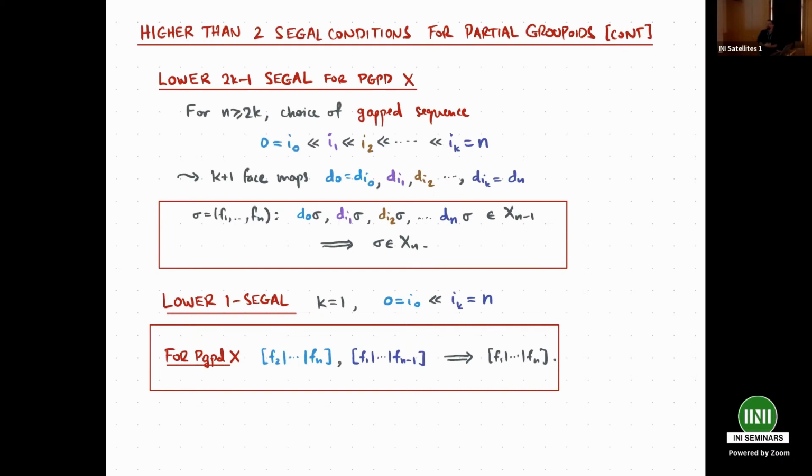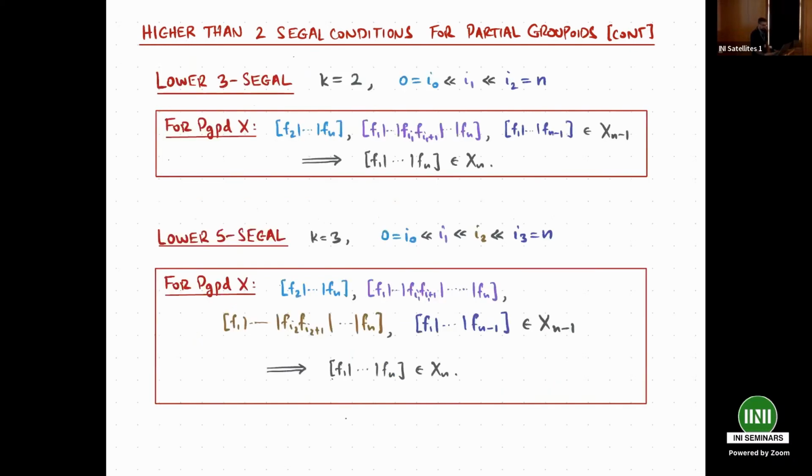And what we're asking of our partial groupoid is that the D0 and Dn faces being multipliable imply that the word is multipliable, the sequence is multipliable. This condition is equivalent to 1 Segality, in more generality than what I'm saying. Okay, so what's lower 3 Segal?